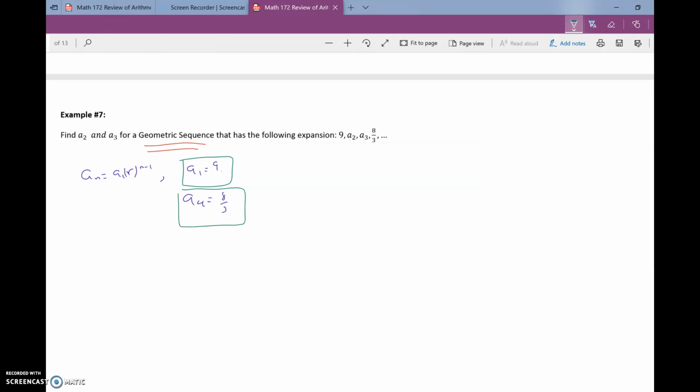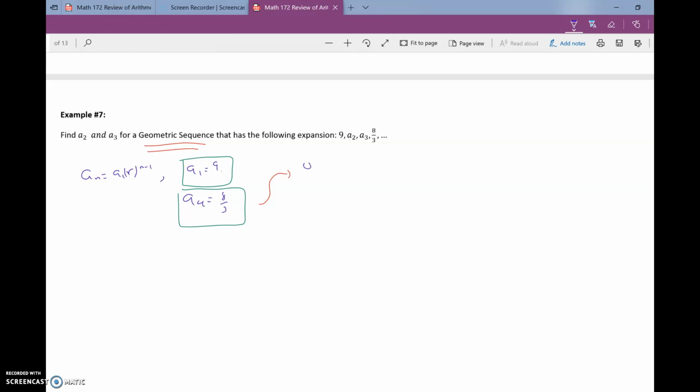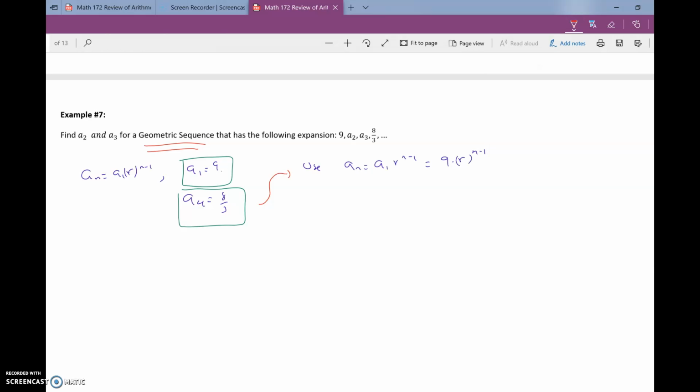Probably the easiest one that I'm looking at is to use a sub n, which is equal to a sub 1 times r to the n minus 1, which is equal to 9 times r to the n minus 1. So that's going to be our general pattern.